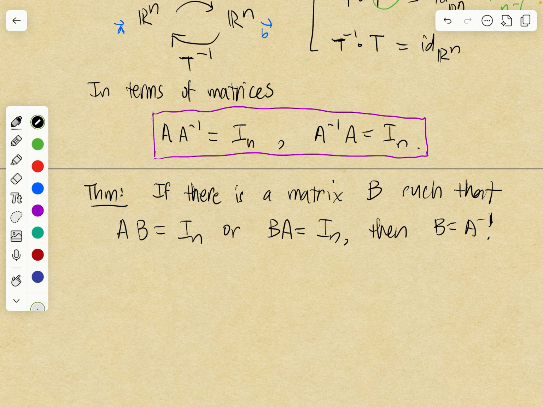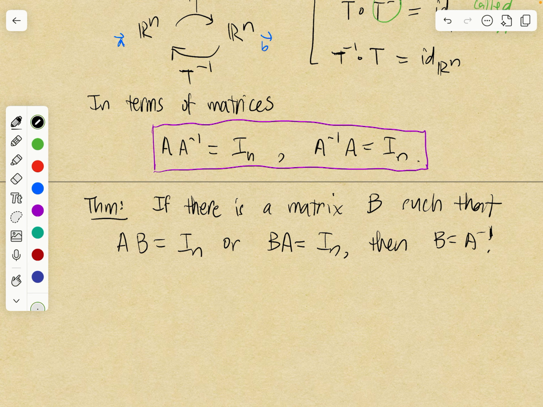Do we understand what that's saying? So the hypothesis is that A is an n by n matrix. If there is a matrix B such that AB is identity or BA is identity, then B is the inverse of A.